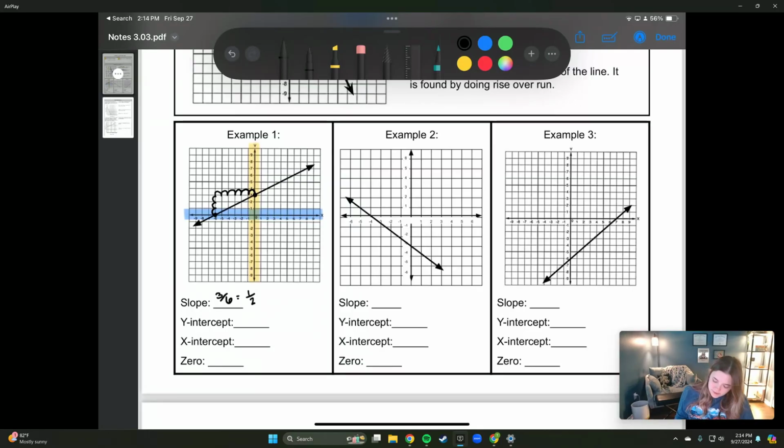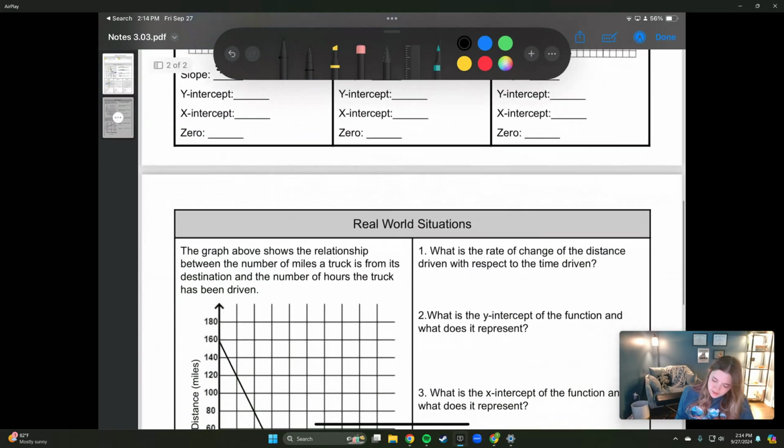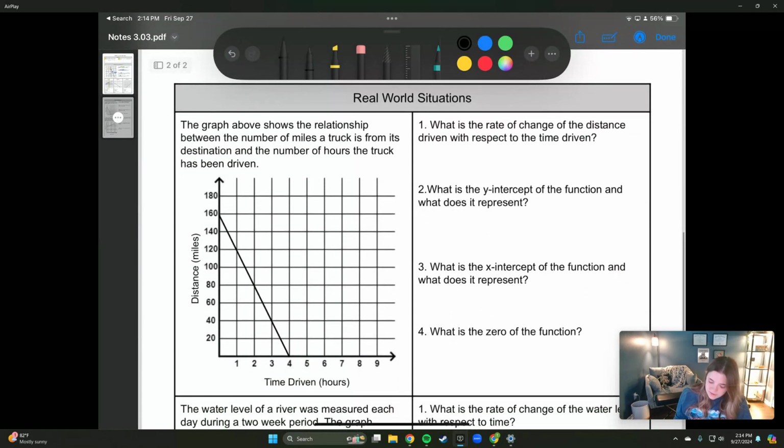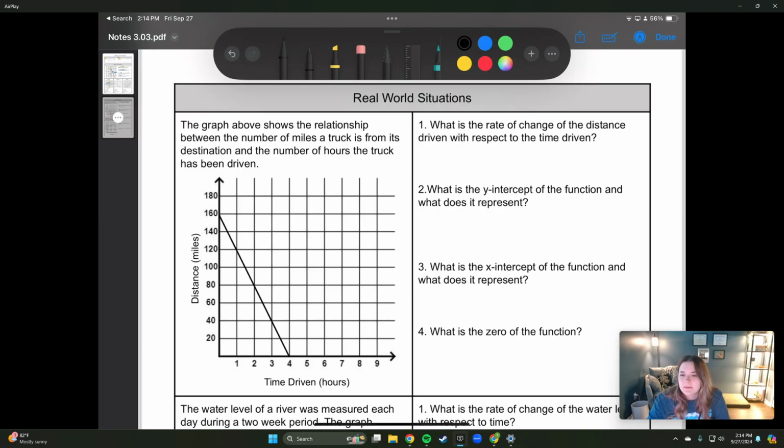Okay? Let's keep looking. Alright, on the back page, it wants to give you real world situations, okay? The graph above shows the relationship between the number of miles a truck is from its destination and the number of hours the truck has been driven. So you're still figuring out all of the same things, but now it's using real world terminology.